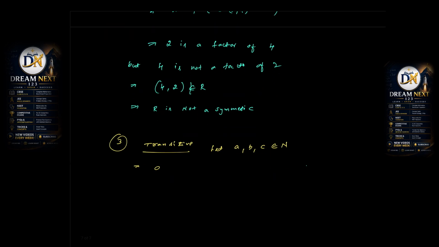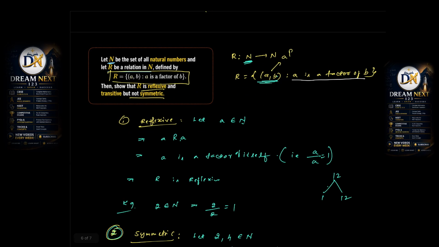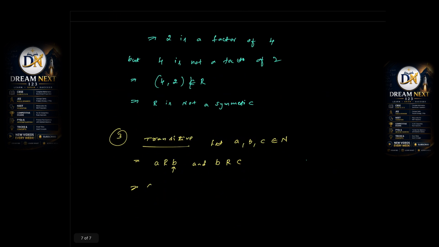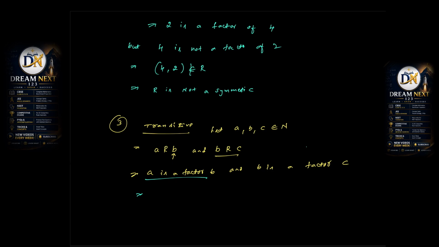I will write A is related to B, and if it is ending with B, you should start with B: B is related to C. A is related to B is nothing but A is a factor of B, and B is related to C is nothing but B is a factor of C. I can express this as B is equal to A into K1, where K1 is any natural number, and C is equal to B into some K2.